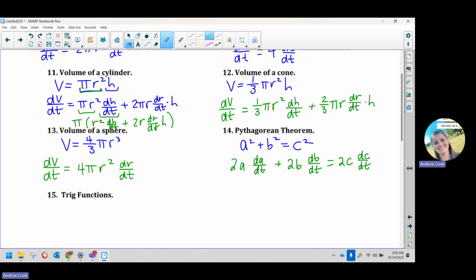Questions on those three? Can you explain why we're changing it? Why we're changing it is because when we're given these word problems, everything is now a function of time. Like y was a function, but x wasn't a function. X was just a variable.